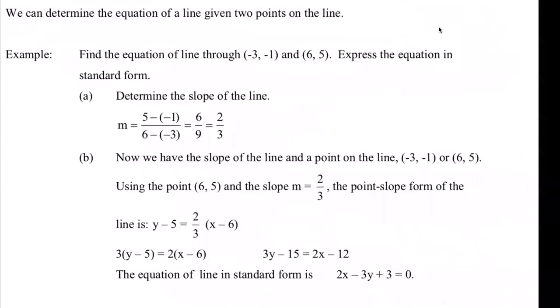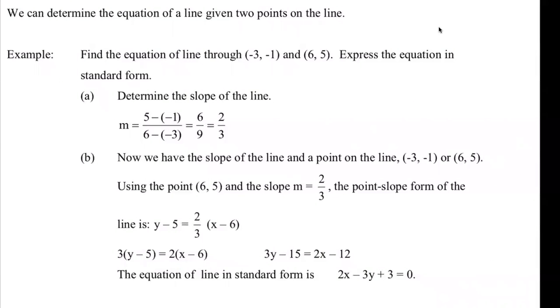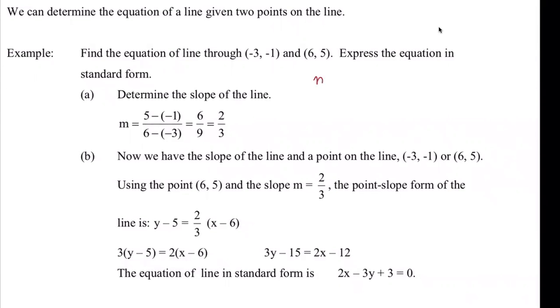Instead of using the slope immediately, we don't have it, right? So we have to find the slope first. The slope is equal to y2 minus y1 over x2 minus x1, which is equal to 5 minus -1 over 6 minus -3. So this is 6 over 9, that's 2 over 3, right? And everything else is the same as point slope form.